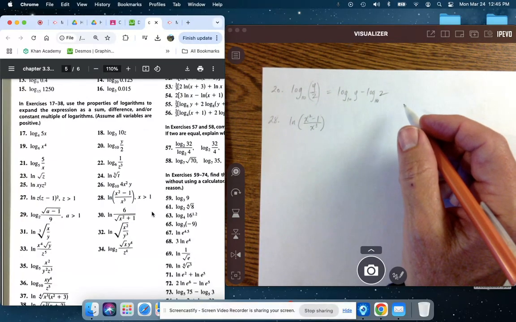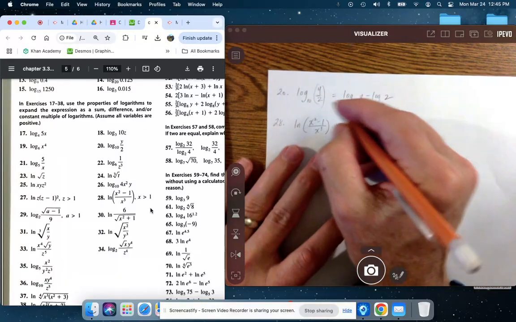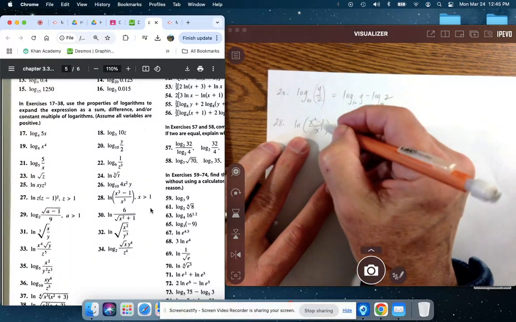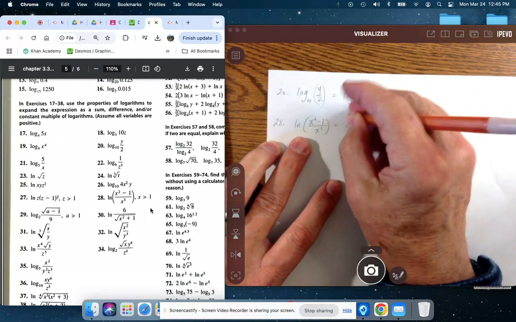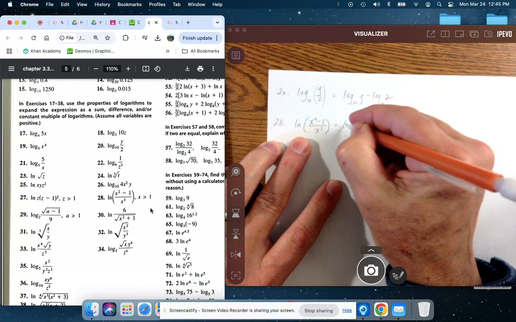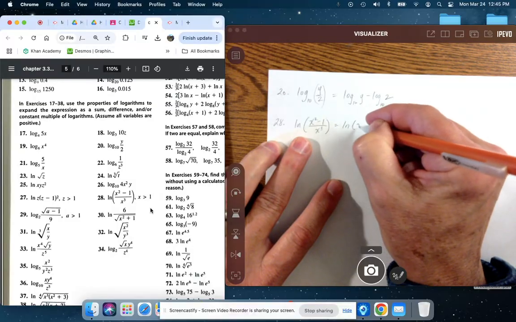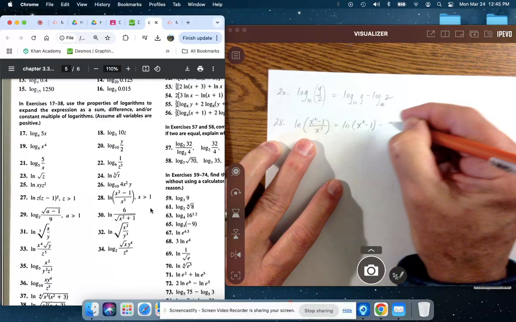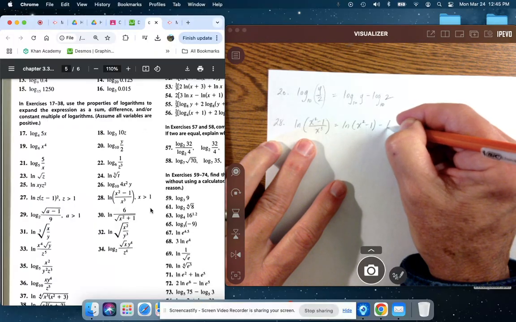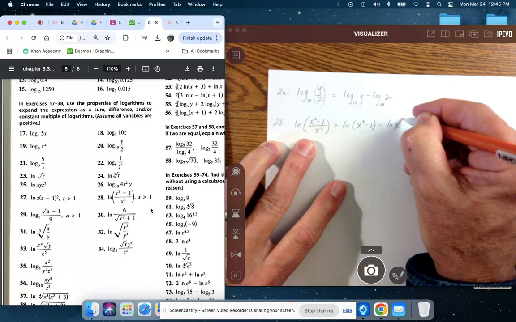All right, so let's break this up. So I can break that up into subtraction, natural log. Sorry, that's ln. That's natural log of x squared minus 1 minus natural log of x cubed. Okay, what else could I do?